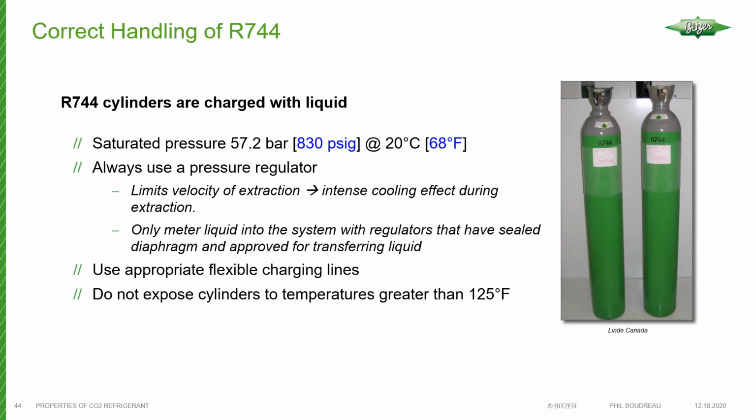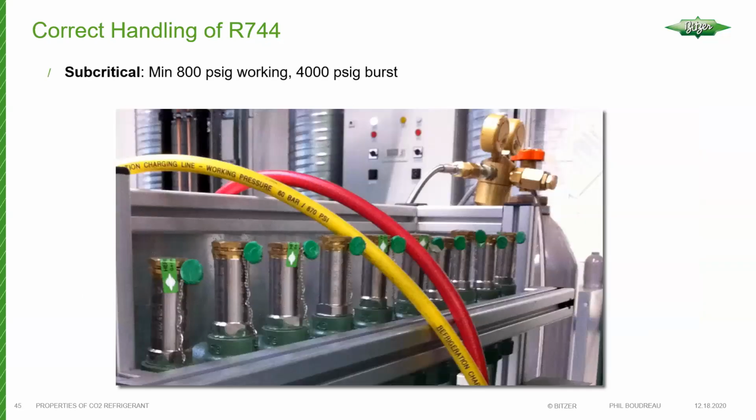You always want to make sure that your hoses and gauges and tools and everything that you use are rated for the pressures that they can be exposed to in the refrigeration air conditioning system. And of course, with cylinders, like any refrigerants, you never want to exceed an ambient temperature of 125 degrees Fahrenheit.